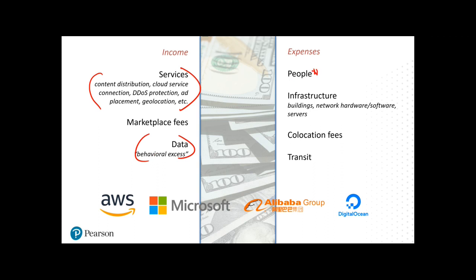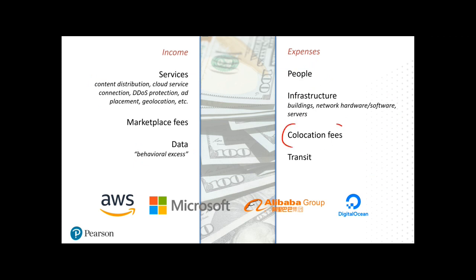So their number one expense is always people. They also have a lot of expensive infrastructure in terms of hardware, networking hardware and software and servers. These people build really huge networks. Now, scale wise, we are talking millions of servers, not even hundreds of thousands, millions of servers scattered throughout the world.